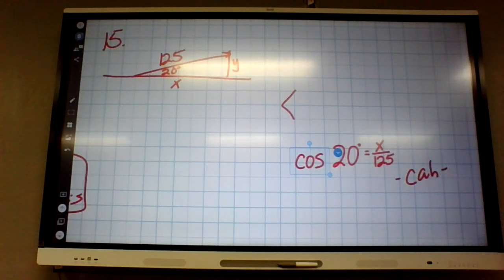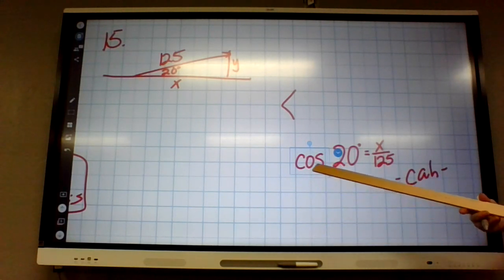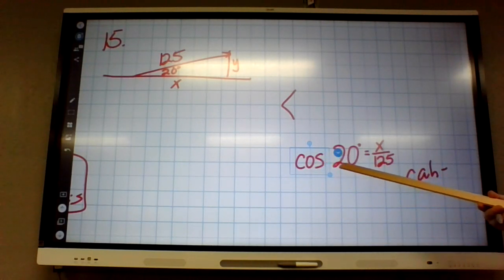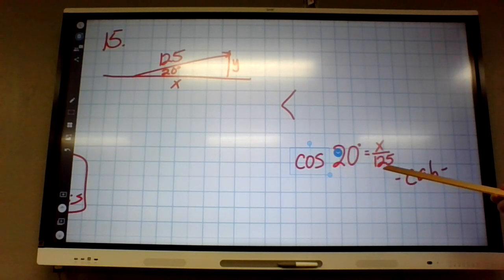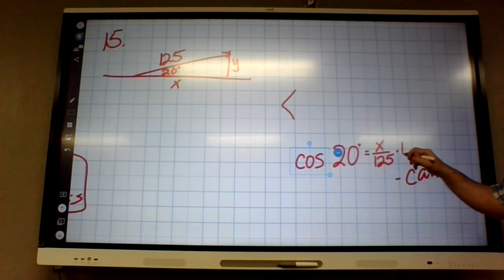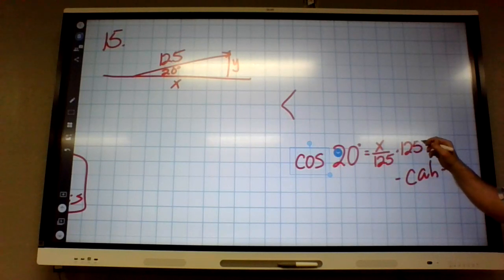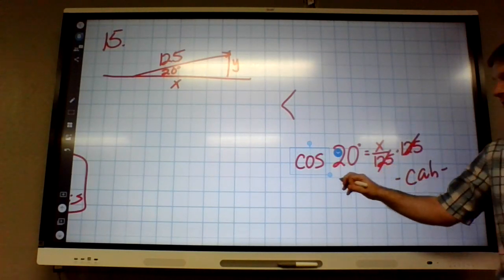And what are we gonna plug in the calculator? We're gonna plug in cosine of 20. And then what do we do with this thing? If x is being divided by 125, to get rid of it, we multiply by 125.